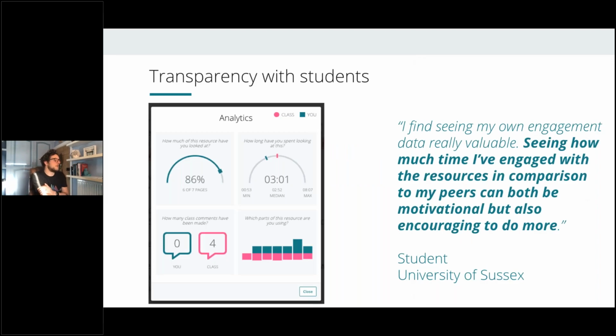And finally, something that I wanted to highlight again is that we are really trying to be quite transparent with students on their own engagement. We've actually just made a change to this analytics modal that students see, to ensure that this works for students who are colourblind, for example, as part of our ongoing accessibility work. So you may not have seen this exact view from your students, but this is now in place within the product.